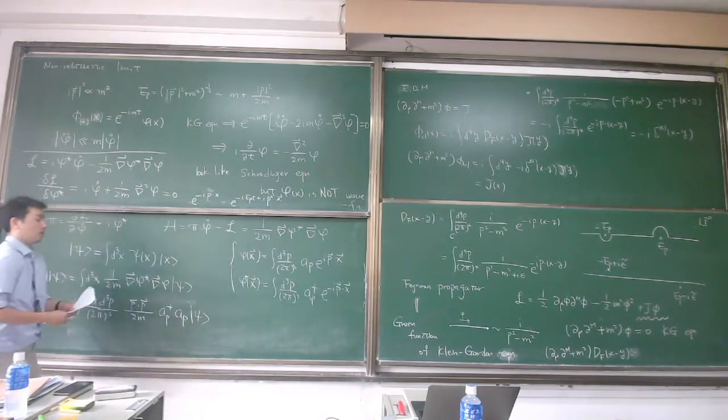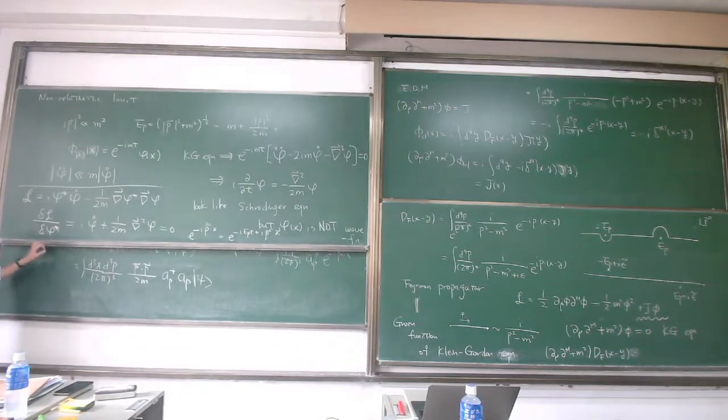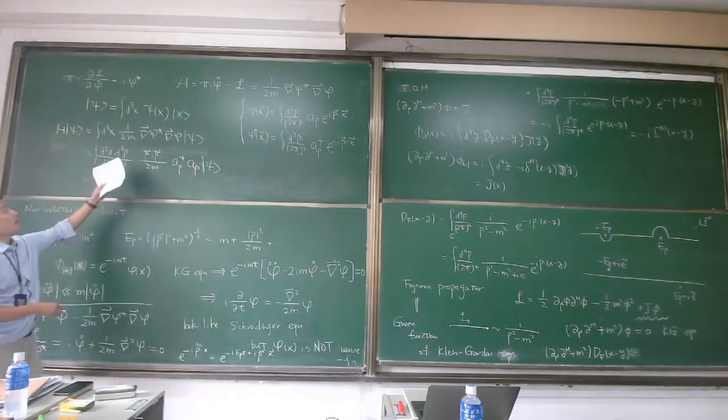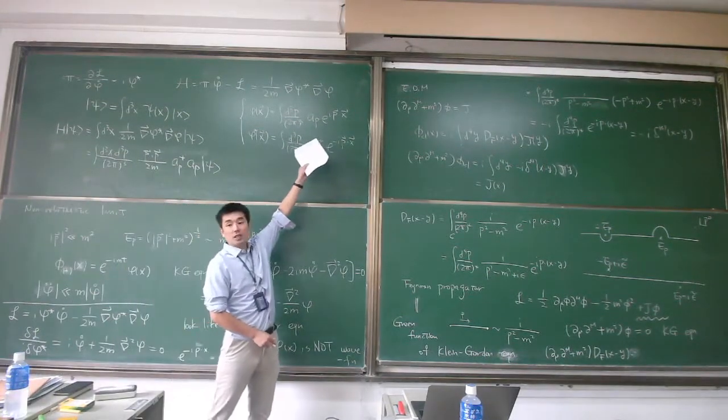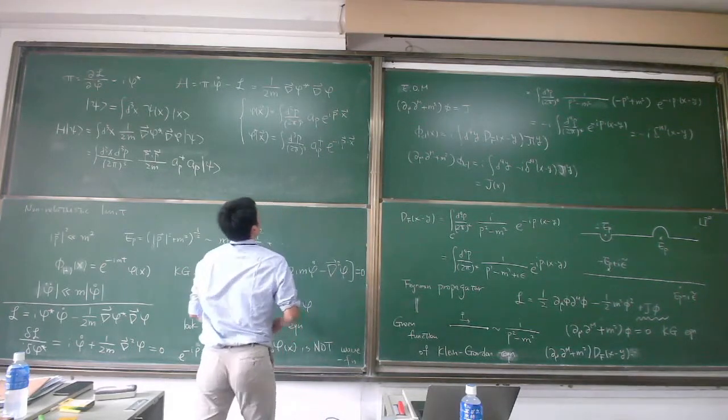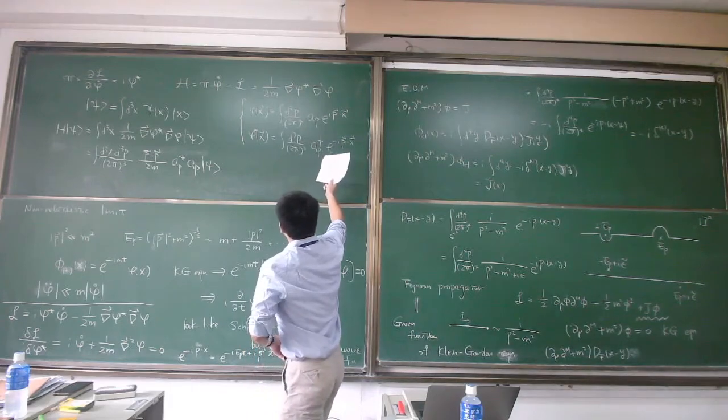Okay, do you agree with that? So this nabla acts on this e to the ip part and brings it down, and the e to the ip counter each other.